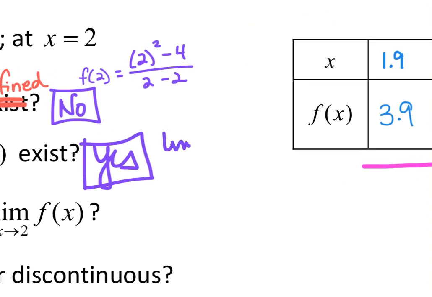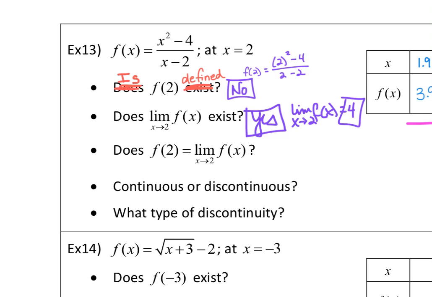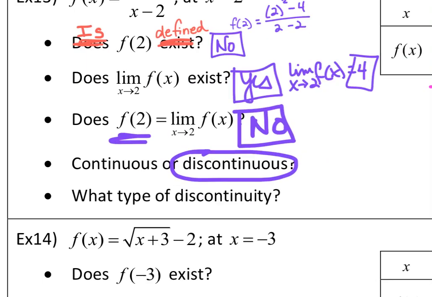And the limit as x goes to 2 of f of x is equal to 4. But because f of 2 doesn't exist, f of 2 does not equal the limit as x goes to 2, and therefore the whole thing is discontinuous.